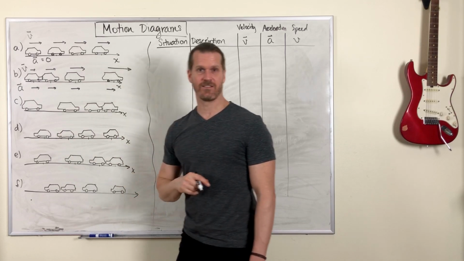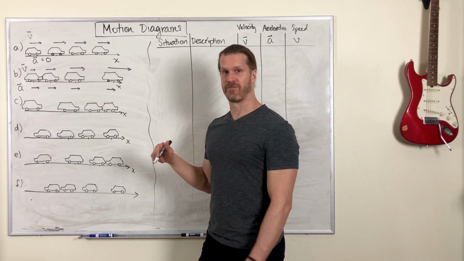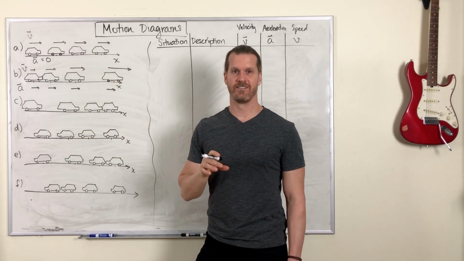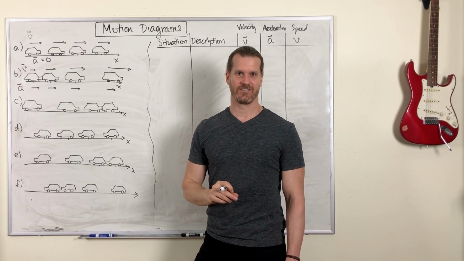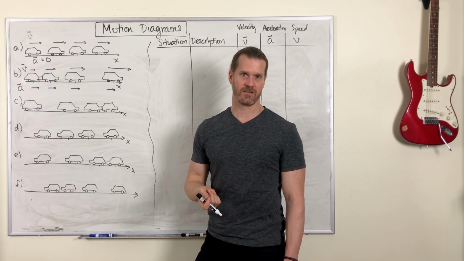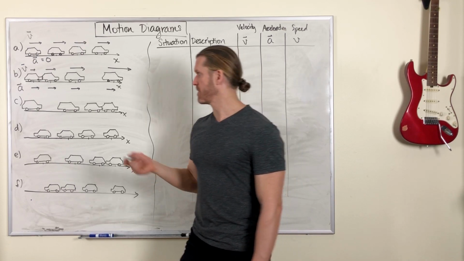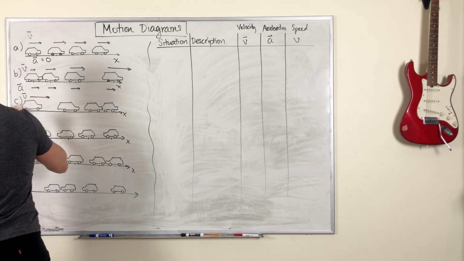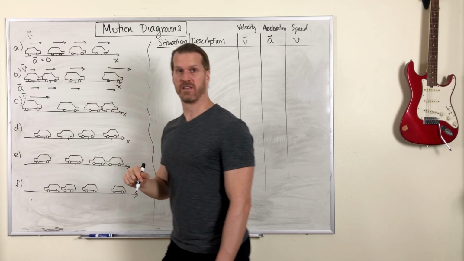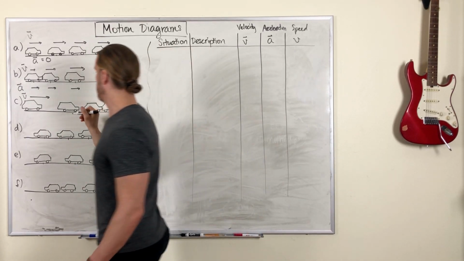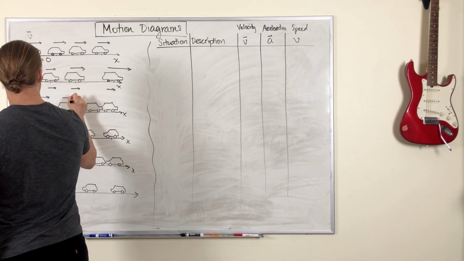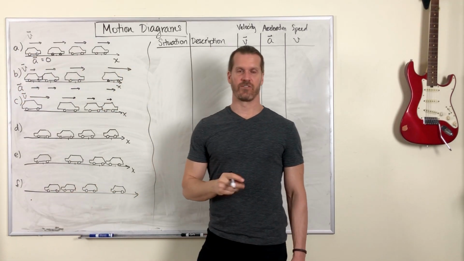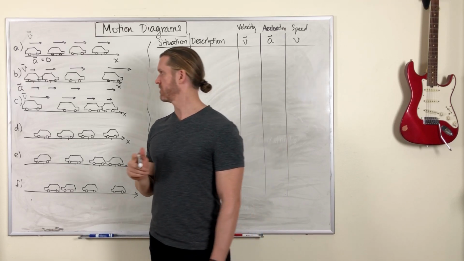In situation C, things are different. The car is slowing down. It's traveling less distance. It's undergoing less displacement as time goes on. So if we draw its velocity vectors, it starts out fast. It has a big velocity pointing to the right, but if you put on the brakes, that velocity vector gets smaller and smaller.